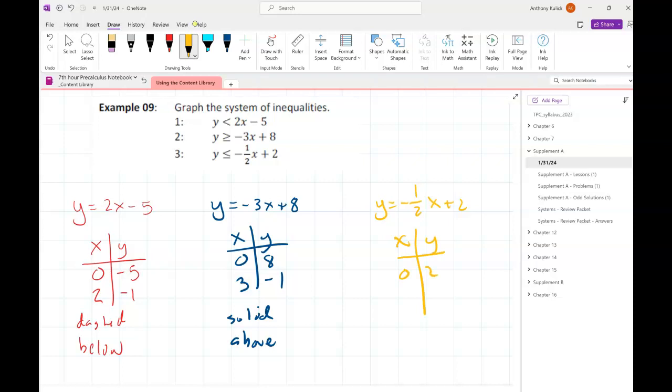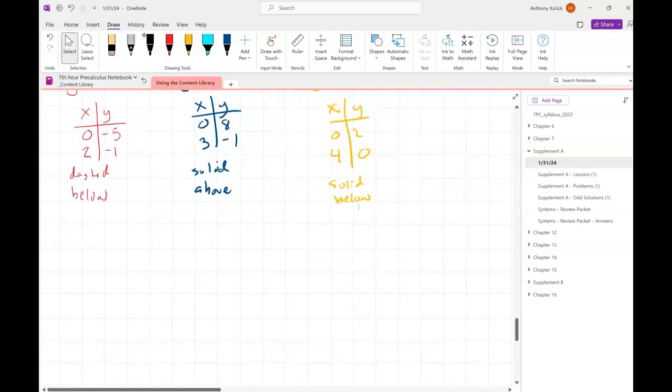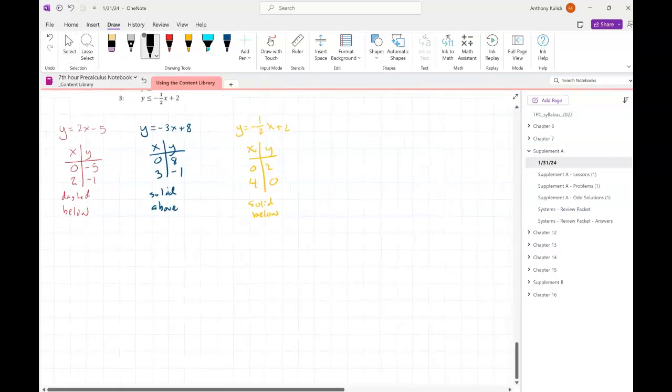So maybe that's 0, 2, and then maybe we'll do 4, 0. And this is solid and below. Any questions on how I came up with any of that? I know I just buzzed through it pretty quickly, but you guys seemed okay with what we were doing. If you have questions, though, chime in.